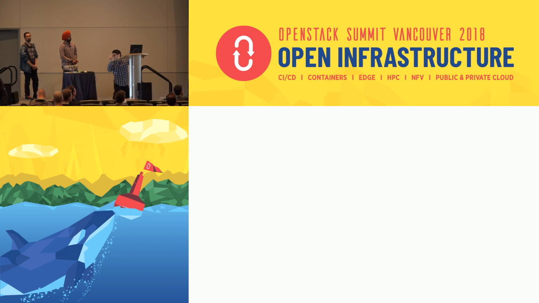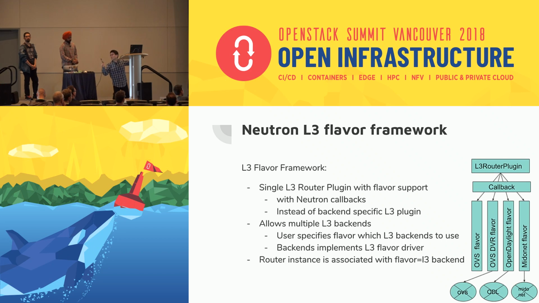And if somebody had to enable a special backend which suits their routing functionality, they had to replace the service plugin, which would lock them in. So all the L3 operations had to go through that service plugin.